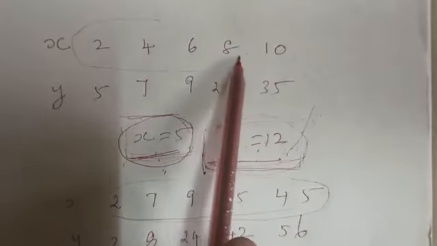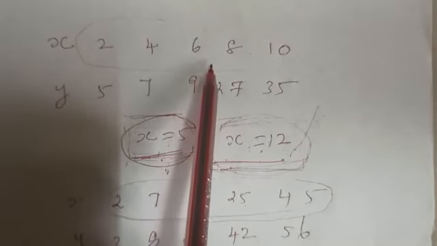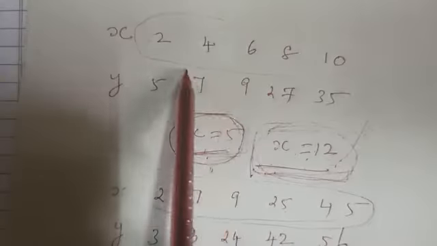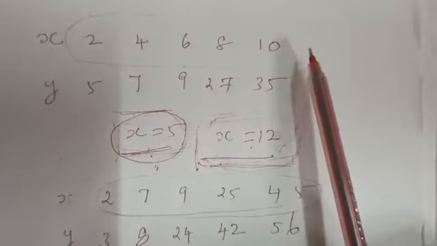This is for equal interval. In this method, there are two types: either Newton's forward interpolation formula or Newton's backward interpolation formula.